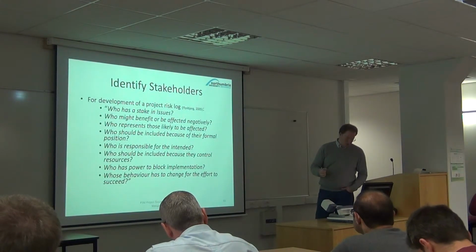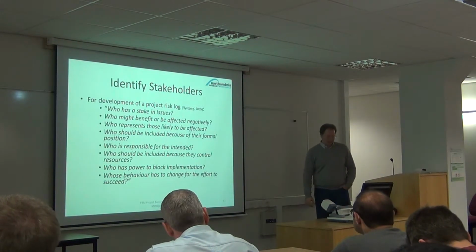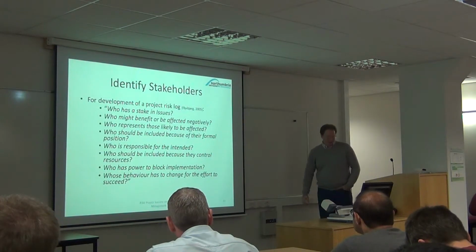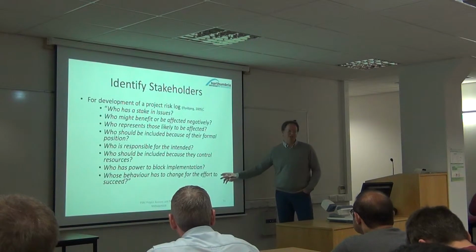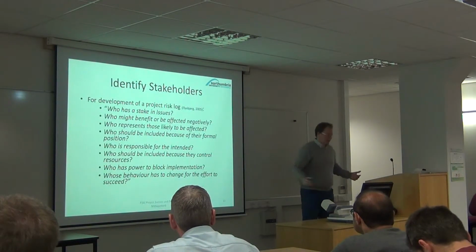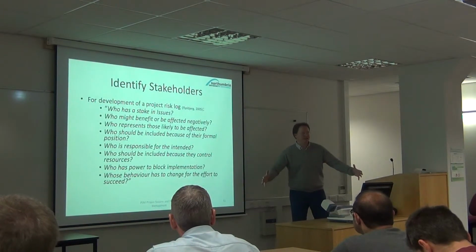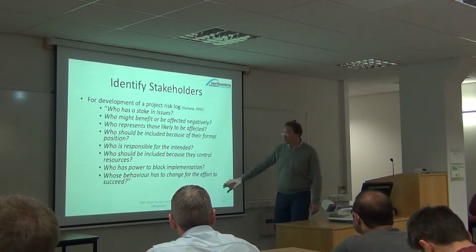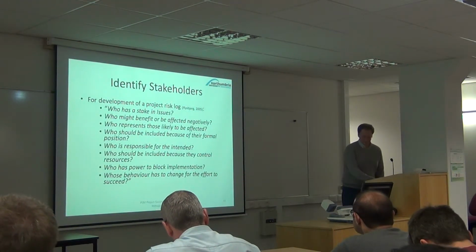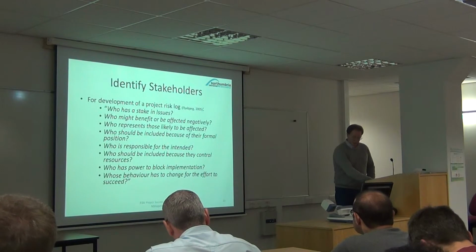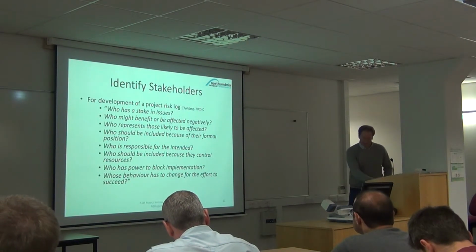Who has power to block implementation? And last but not least, whose behavior has to change for the effect to succeed? So this is where that recognition comes in that in some places you start with an impossible proposition on the given stakeholder. Then you have to work on a way of making the project work effectively. We will come to that as well with communication and media at a later lecture in detail.